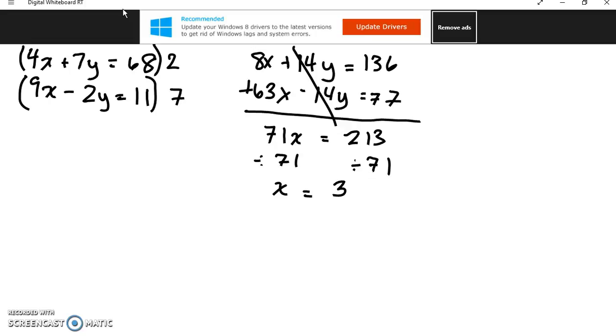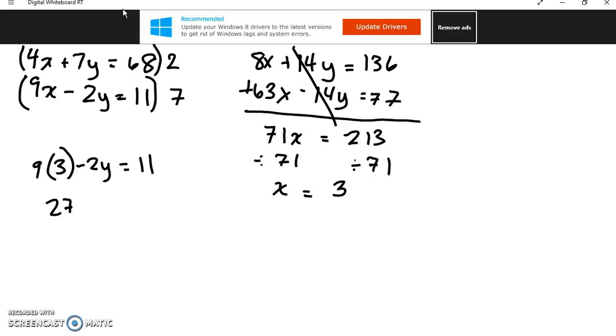So from there, I'm going to look back to my original equation and solve for my y value. So I'm going to use the bottom one. Let's use 9 times 3, which is my x value, so I'm just plugging in for x, minus 2y equals 11.